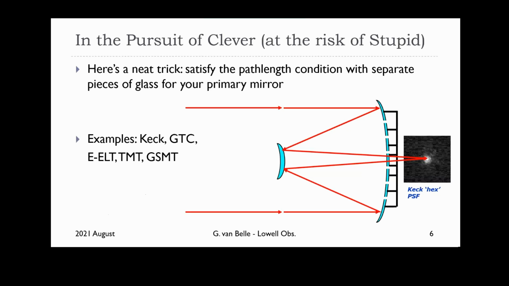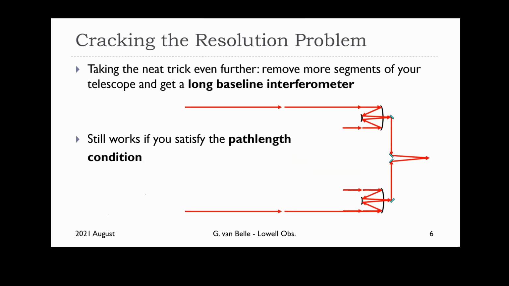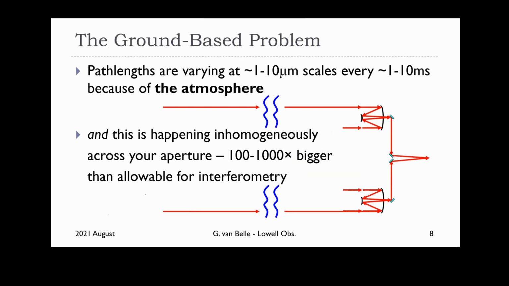With optical interferometry, next slide, what we've done is actually just taken this step one step further. Each segment is now turned into an individual aperture, but you're still satisfying this path length condition. And we do this from ground-based observatories. And that's kind of amazing if you look at the next slide, because over top of each one of your segments, you have the atmosphere bouncing around at 1 to 10 micron scales every 1 to 10 milliseconds.